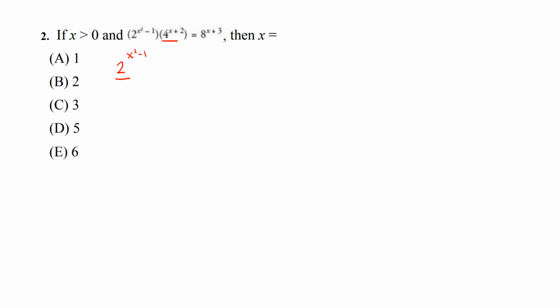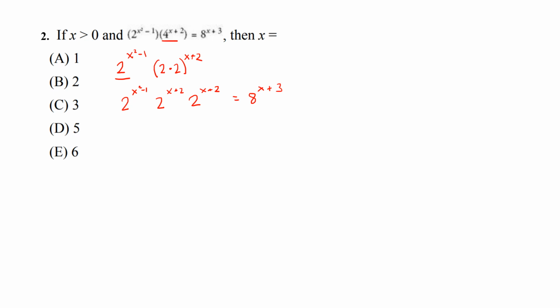So we have here, we can break 4 up into 2 times 2 to the x plus 2. And with our exponential rule, we know that this is equivalent to 2 to the x plus 2 times 2 to the x plus 2. We just break that down, and we know that equals 8 to the x plus 3.